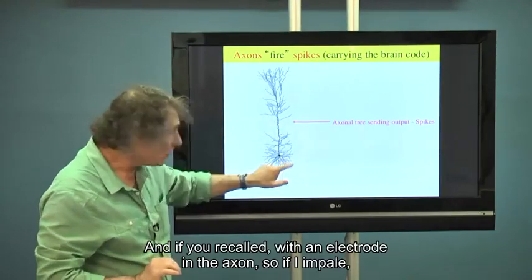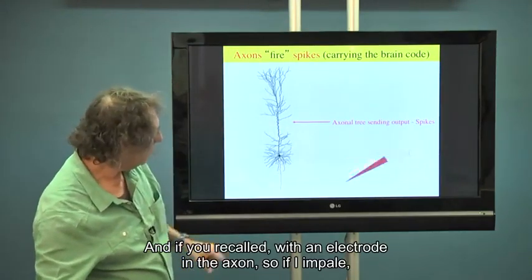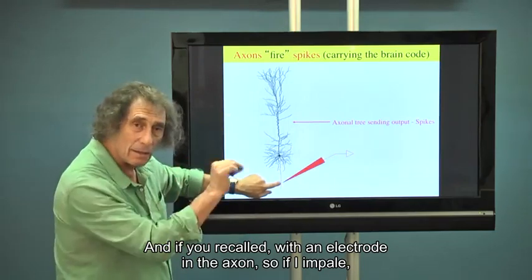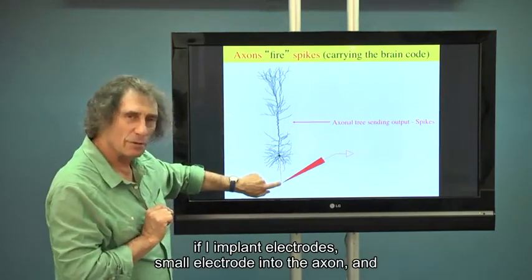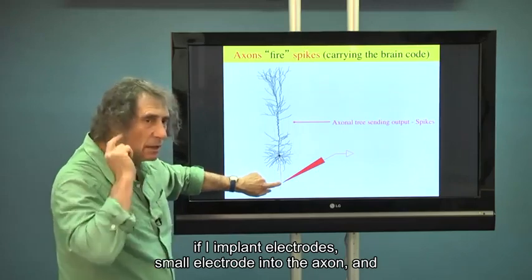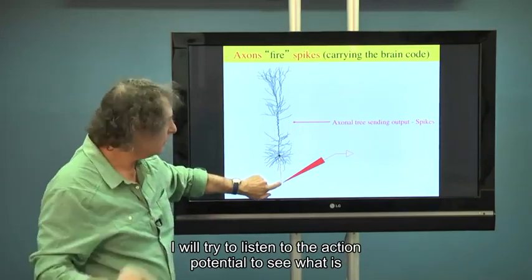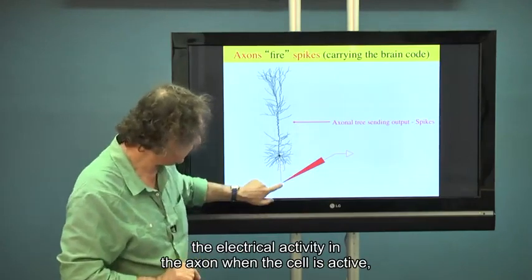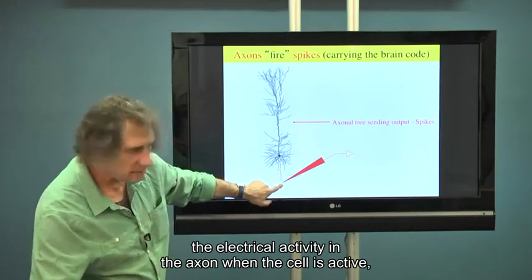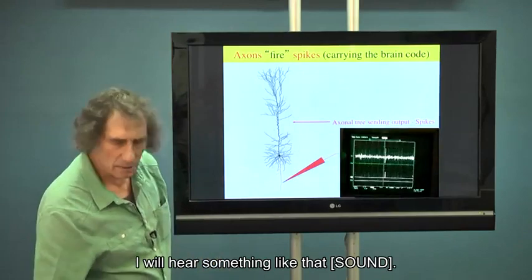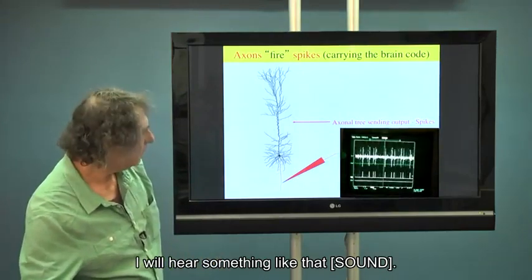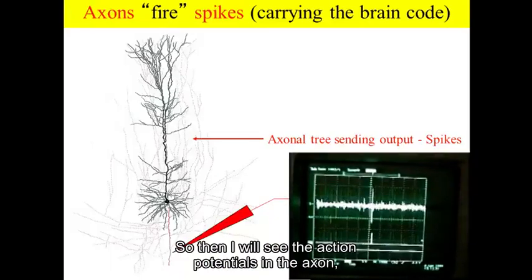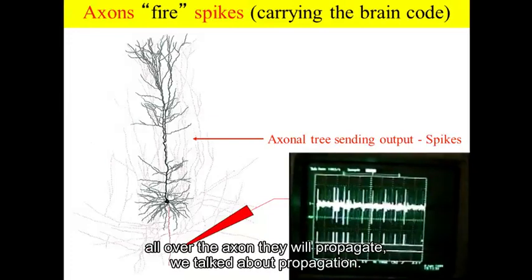Okay? And if you record with an electrode in the axon, so if I implant a small electrode into the axon, and I try to listen to the action potential to see what is the electrical activity in the axon when the cell is active, I will hear something like that. So you now see the action potentials in the axon, all over the axon.